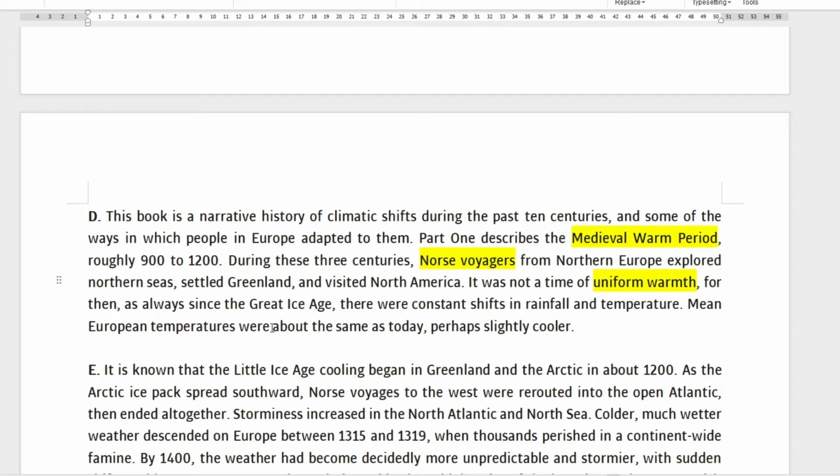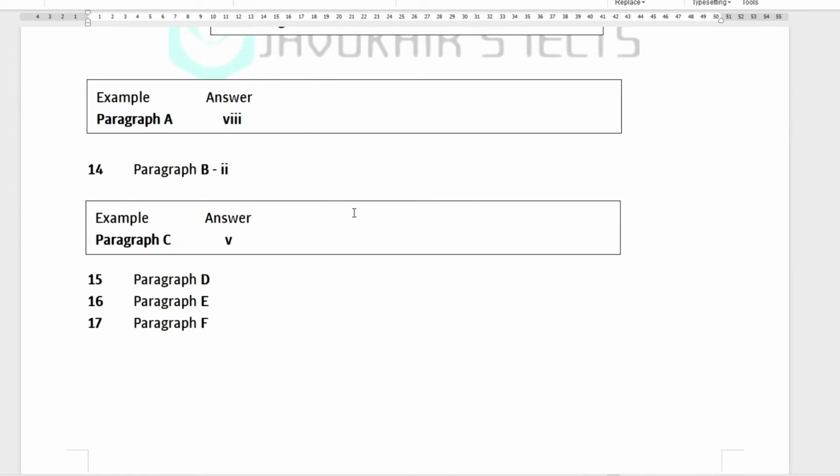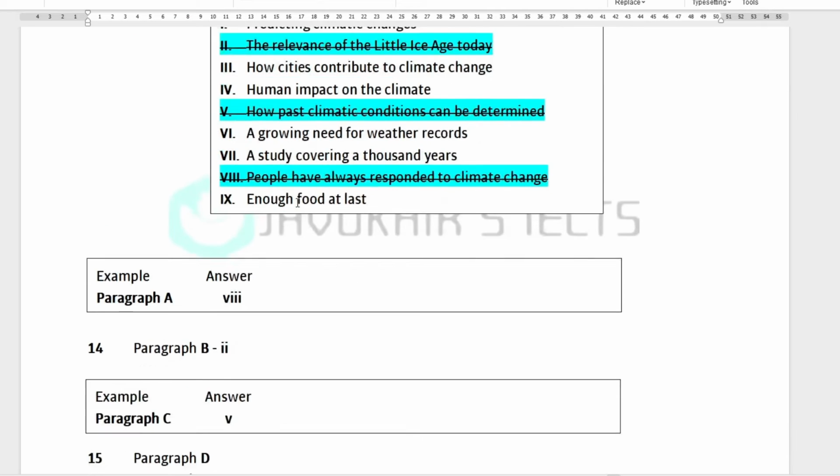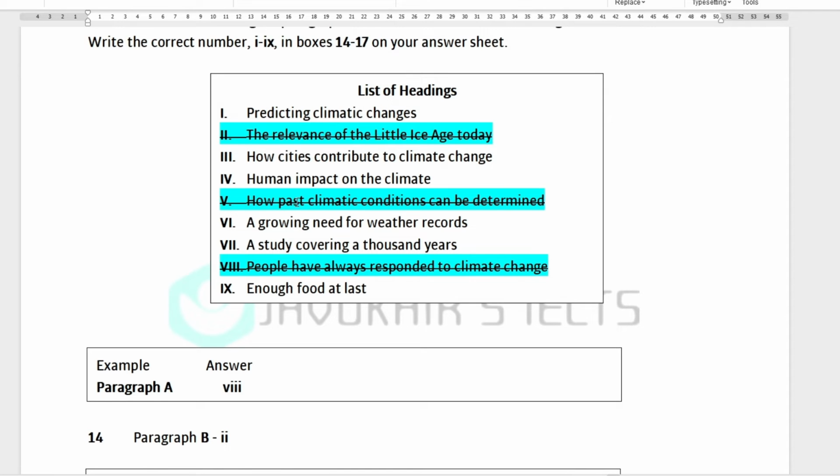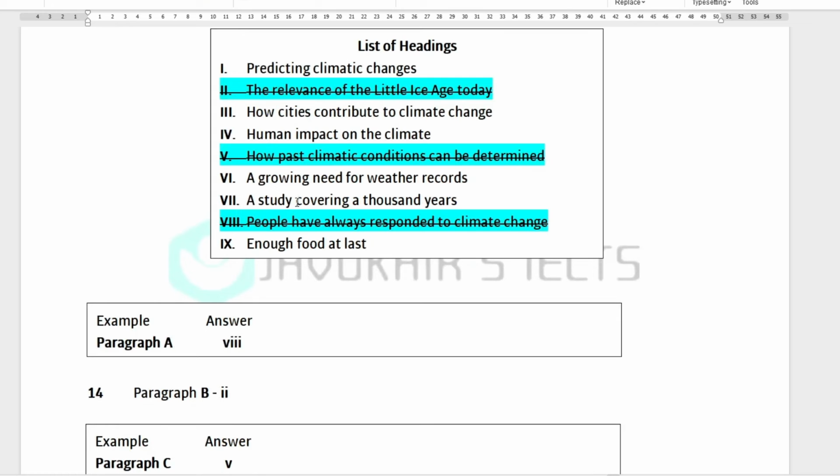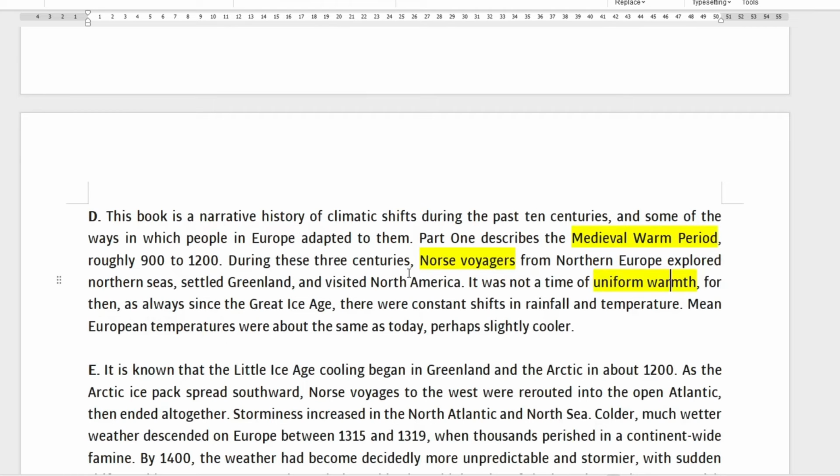Mean European temperatures were about the same as today, perhaps slightly cooler. That's another interesting question we have. Okay, this book is a narrative history of climatic shifts during the past 10 centuries.